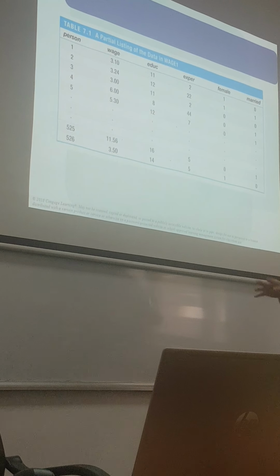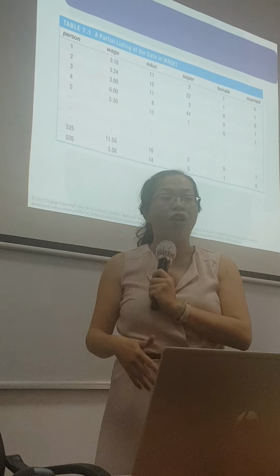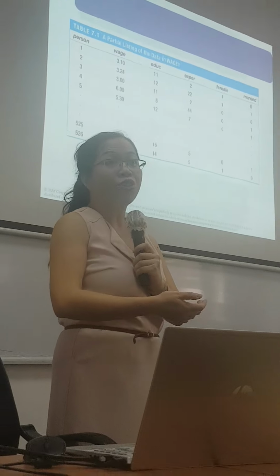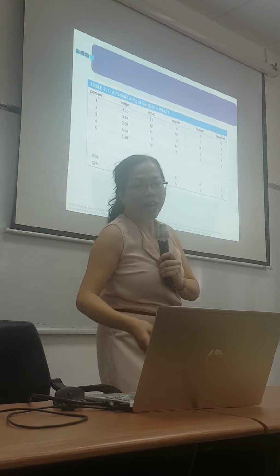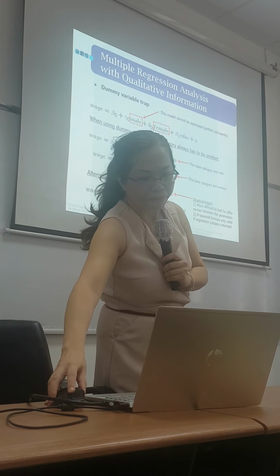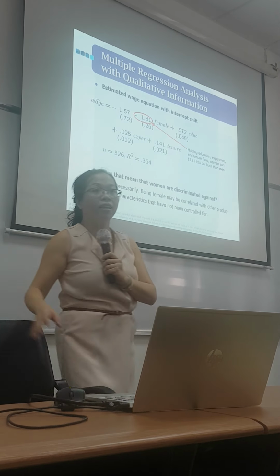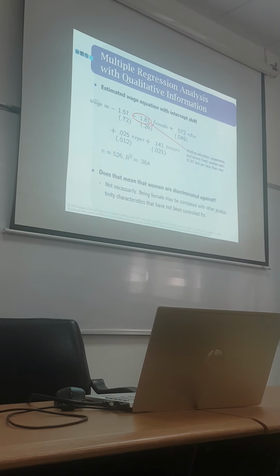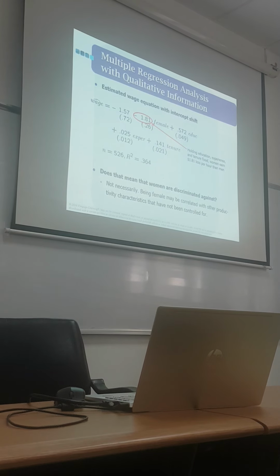And once you put the dummy variable here, you're going to run a regression, just like normal as you run the multiple regression, and then you can have, for example, this result. Okay, so how can we interpret the result?